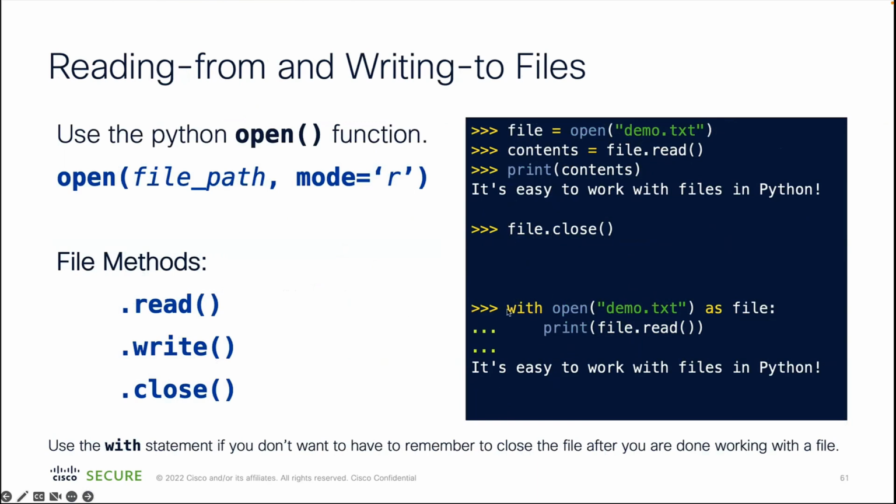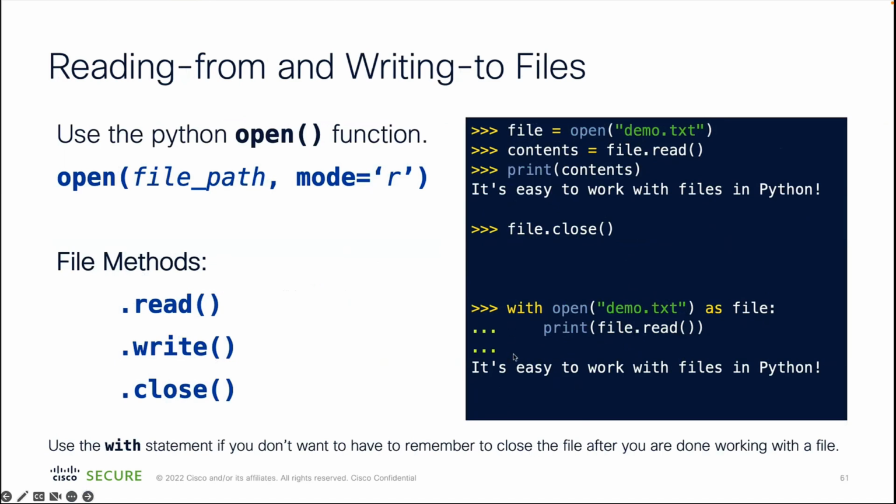So to not have to do that, you would need to use the with as statement, which would automatically close the file for you. So with open as file, which is the variable that we give it, we can now do our operations with that file, referring to it by the variable name.